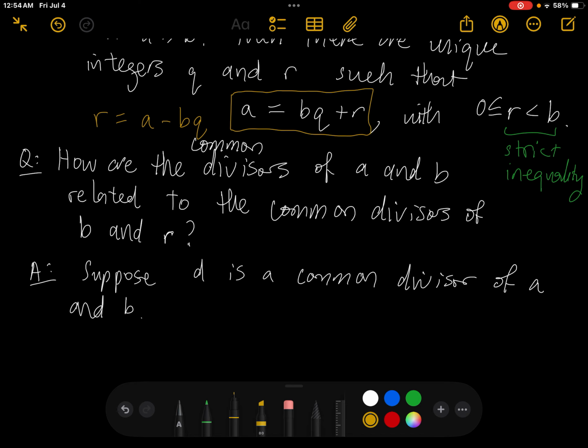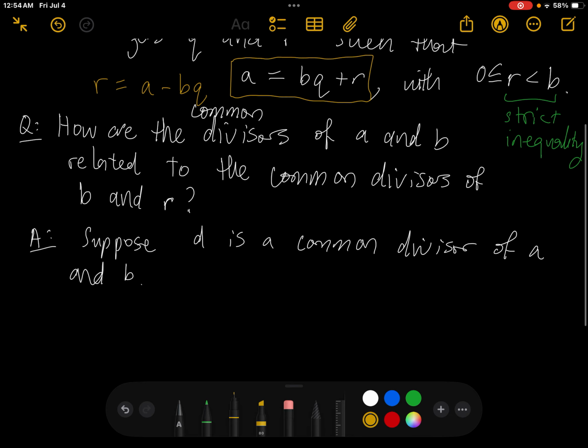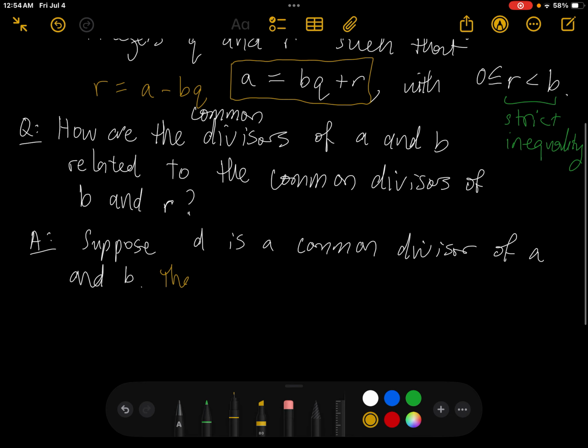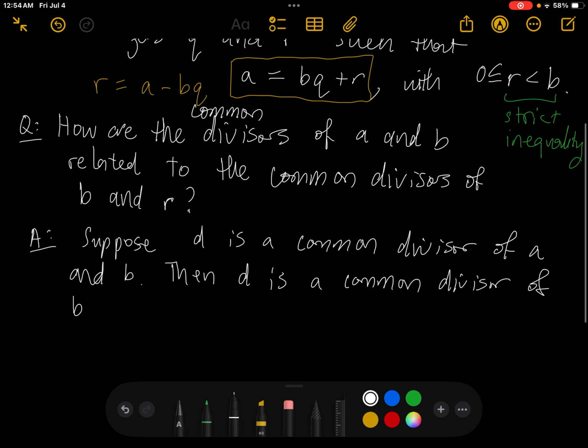Because if you have a multiple of d minus another multiple of d, what you get is a multiple of d. So if d is a common divisor of a and b, then d is also a common divisor of b and r, because d is a divisor of b by hypothesis, and we showed that d is also a divisor of r.